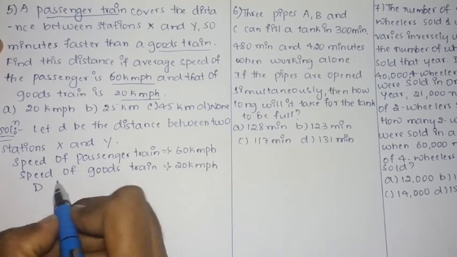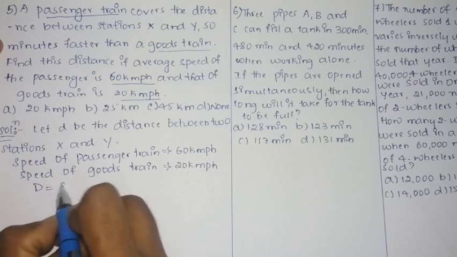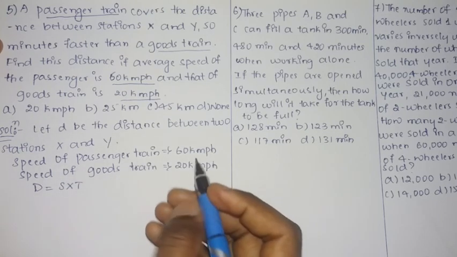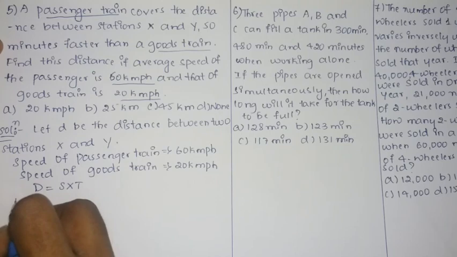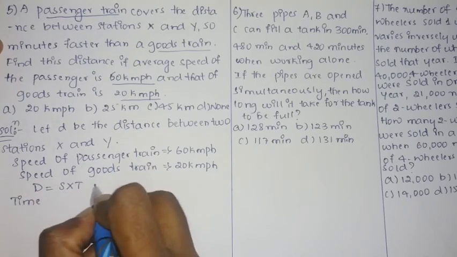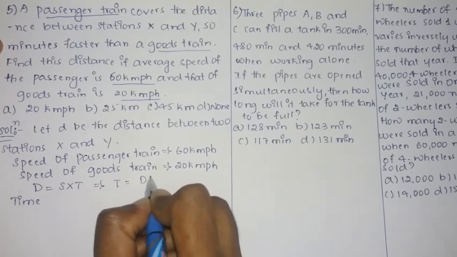The formula for distance is distance equal to speed into time. Now we need to find the time taken by the passenger train. Time is equal to distance upon speed.